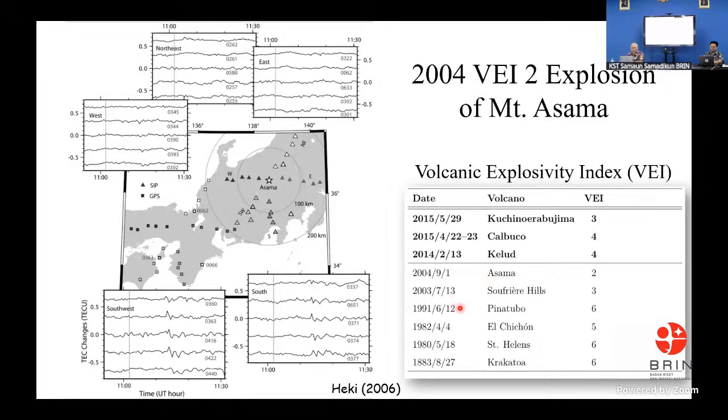But I think the Pinatubo and older ones were not observed with GNSS, but by some other sensors. Only after the year 2000 were eruptions observed using GNSS.